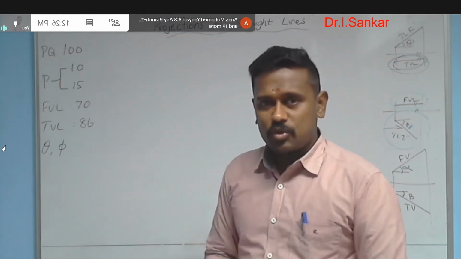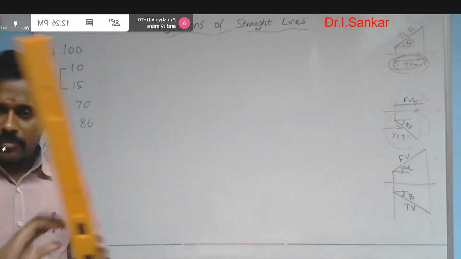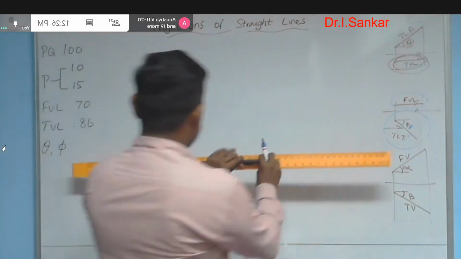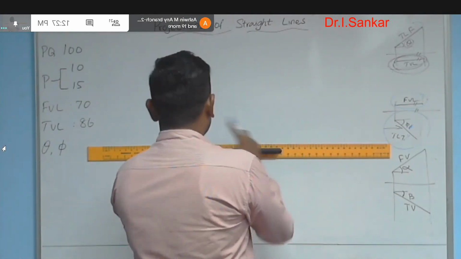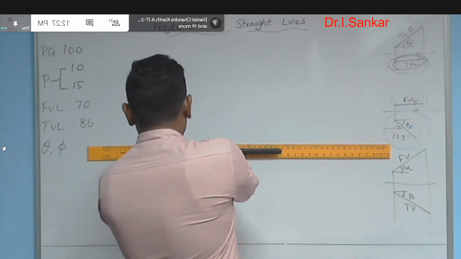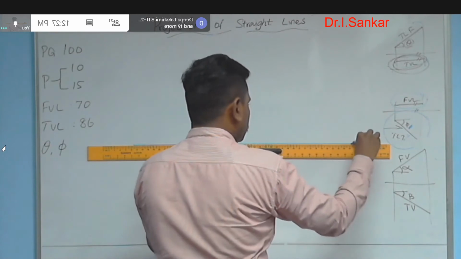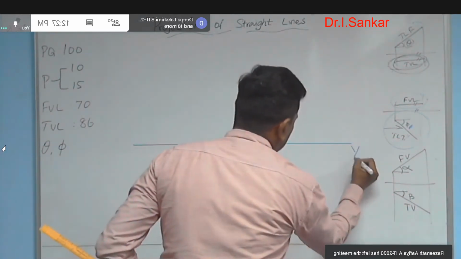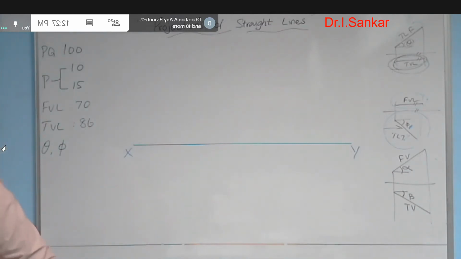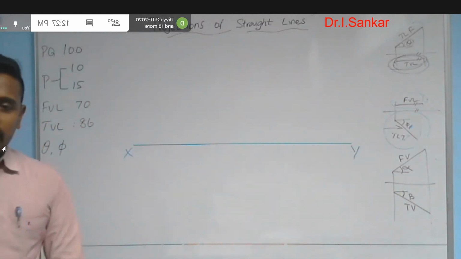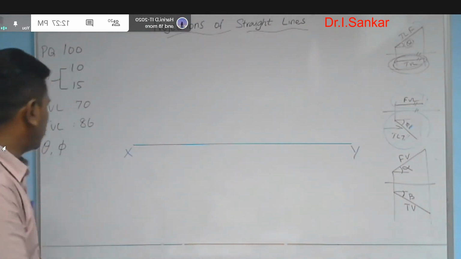Okay. So as usual, we can start with our XY line. And out of all the given data, the data to be worked first is the locus related data.